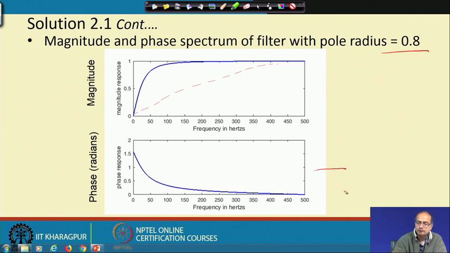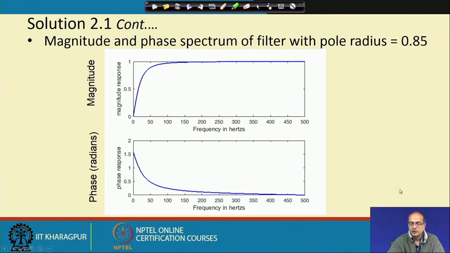So, we have a much better frequency response, or rather magnitude response with respect to frequency, but the phase response is no longer linear. Now, let us look at what happens if we move the pole further away from the center and take it closer to the zero.